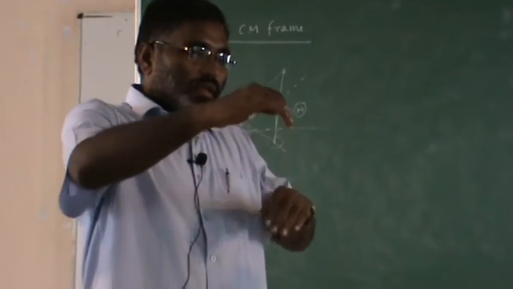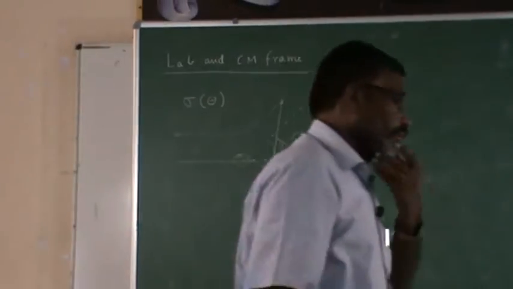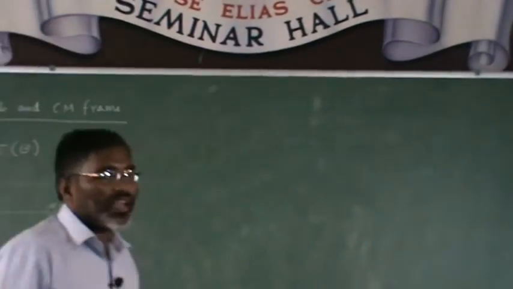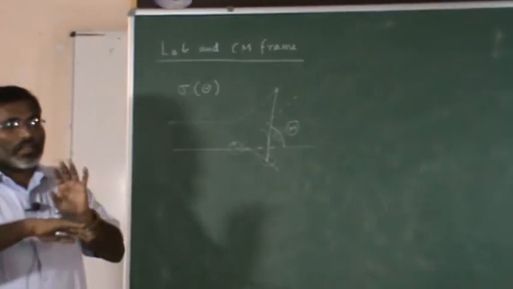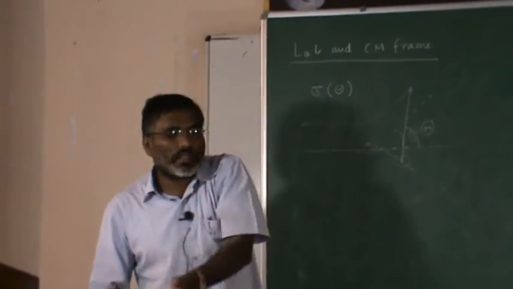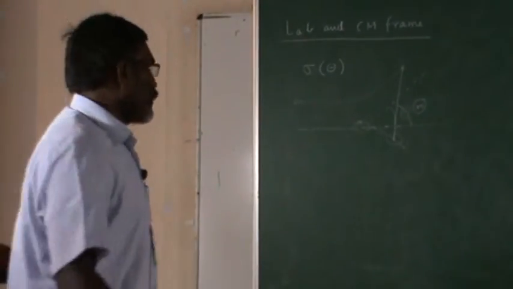It gets recoiled. If there are other interactions or other bindings, it may come back. But if you are assuming scattering of two bodies, both free particles, then there is a permanent change in the relative velocity, the relative vector, and that is the angle that we are talking about.